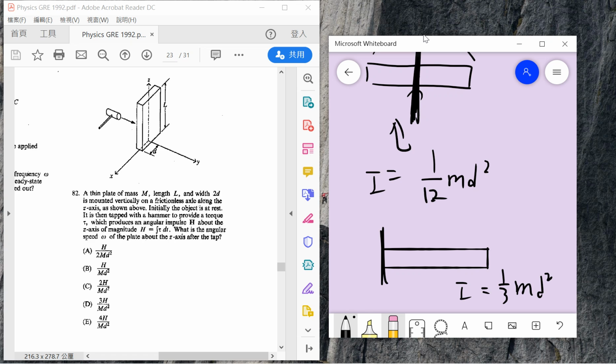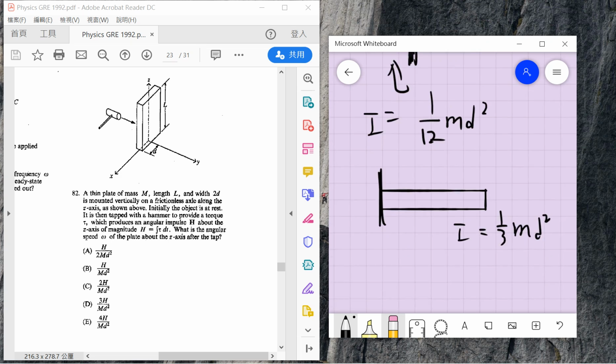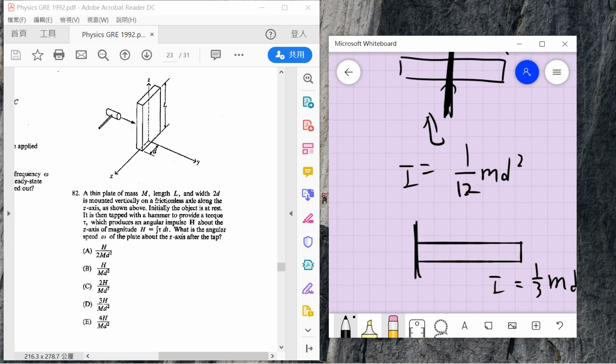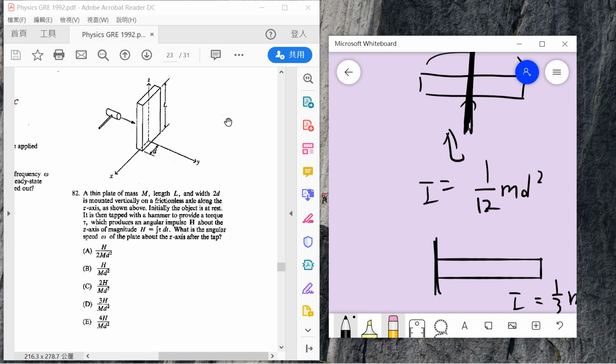Okay, so once you know this, then we have L equals I omega. So basically this is angular impulse, right? So tau dt basically is L. So basically you have H equals I omega. So here what we need to use is this one, the first one, because now the axis is here.